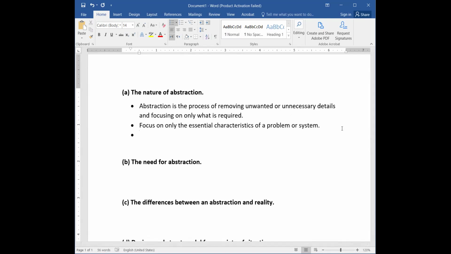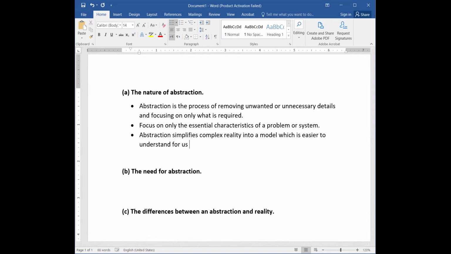Anything else you can say for this is that the nature of abstraction is that abstraction simplifies complex realities into a model which is easier to understand for us and easier to work with as well.